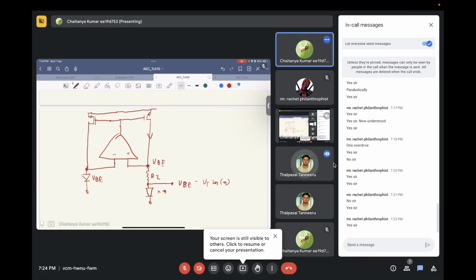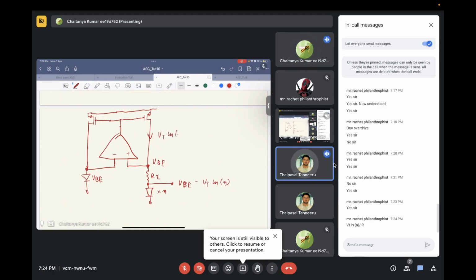This current is VT ln N by R2, or now let's call this R. Okay. So this we got as PTAT current. Yes, sir. Okay. Now we need to generate CTAT current.